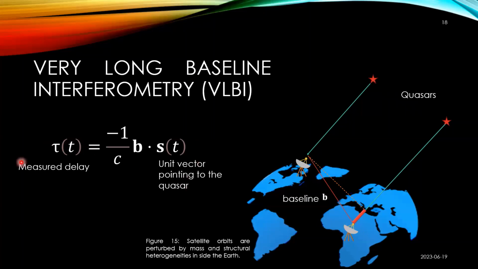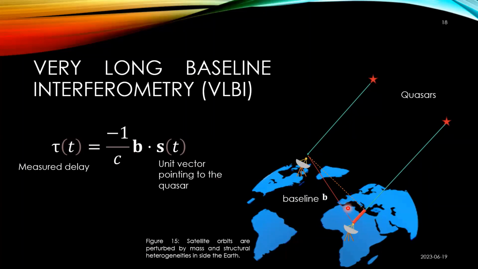Generally the principle is very simple, but in reality, the mathematical model is not that simple because there are many corrections that you have to consider. For example, the most important one is the correction for the atmosphere. So this is the baseline vector, and this S is a unit vector pointing to the quasar.